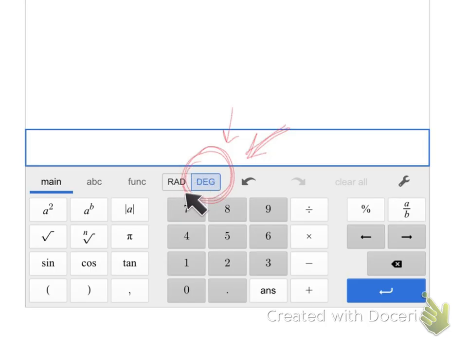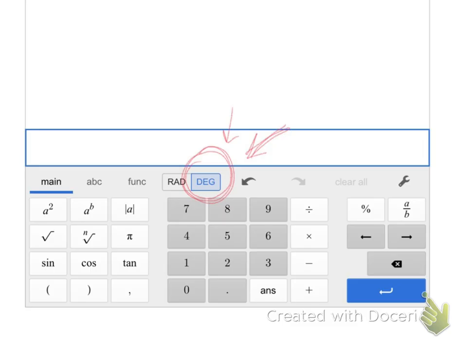So if I was asking you to measure something, like, hey, how long is, I don't know, a Crayola marker? Some of you would come back with inches and some of you would come back with centimeters, right? Those are two units of measurement. So same thing here. You just don't know this unit of measurement here. Angles, we always work with in degrees so far, but you will be working with radians before the end of the year, okay? So that's the first thing I need you to do.